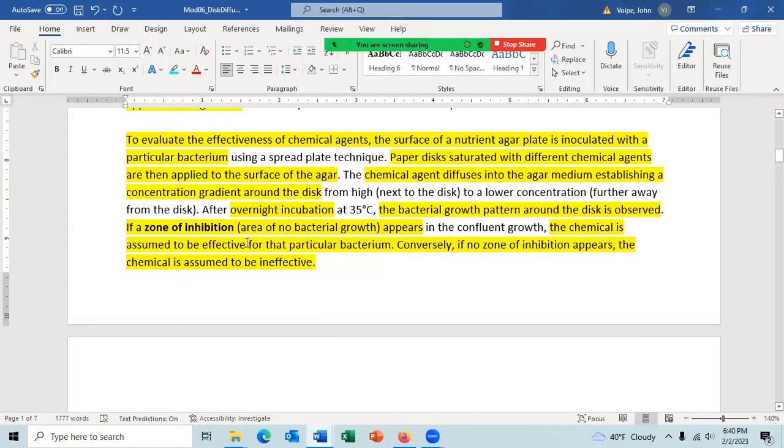If there is a zone of inhibition, an area of no bacterial growth around the disc, the chemical agent is assumed to be at least a little bit effective for that particular bacterium. Conversely, if there's no zone of inhibition, then you can say the chemical agent is ineffective against that particular bacterium. Now, this is a little bit of an oversimplification, and we'll talk about it later in this lab module. But that's a quick way of looking at it.